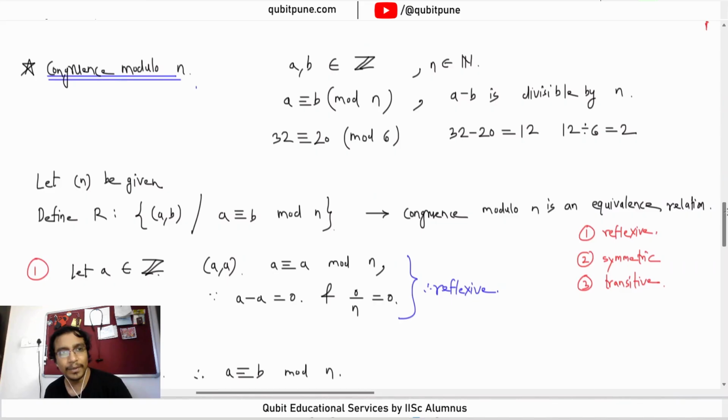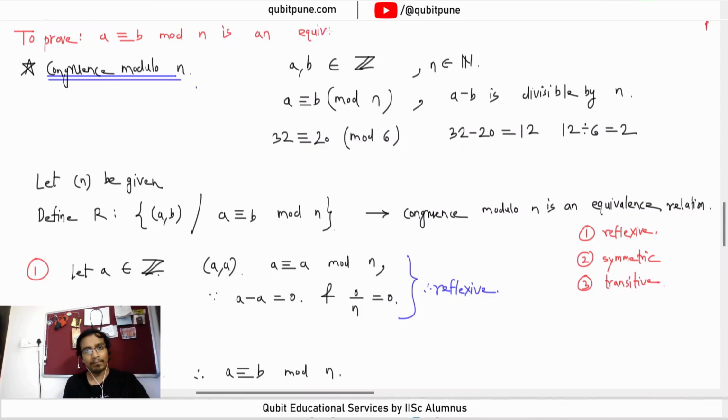This question is proving that congruence modulo n is an equivalence relation. Okay, you can write the solution.